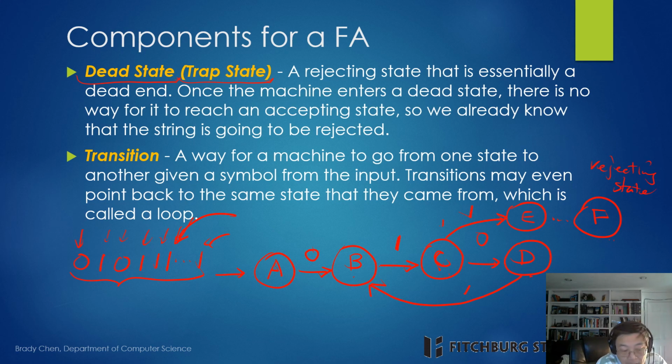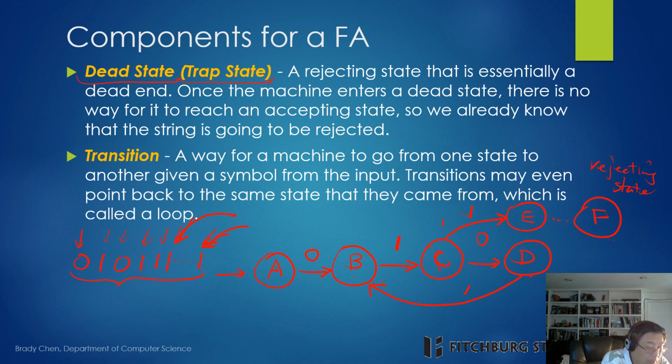A rejecting state is not necessarily a dead state. It's just that we reach that state and we have no more input, right? If we have another input, which is longer, then we can actually get out of the rejecting state.